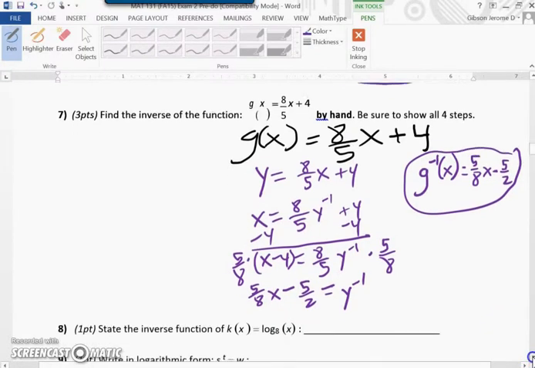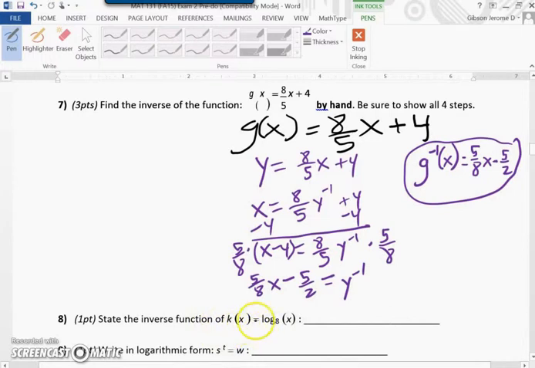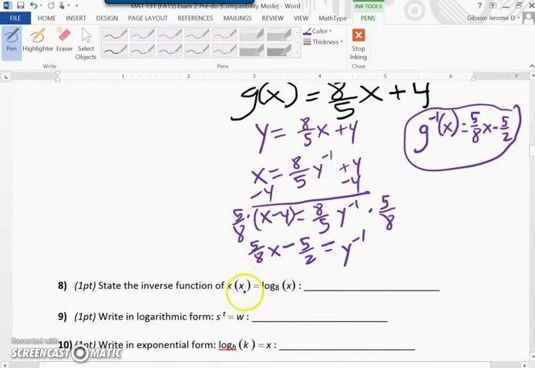Okay, now it says here, state the inverse function of k of x, log base a of x. This is what I would do. K of x, I would make y. So I have y is equal to log base a of x. Then I would make this into an exponent: a to the y is equal to x.